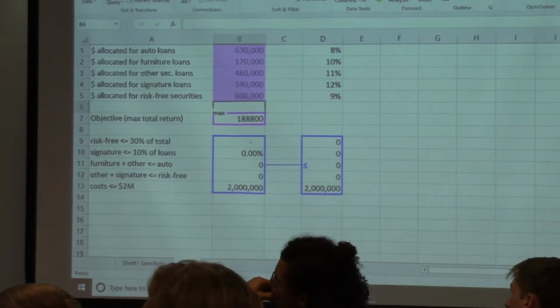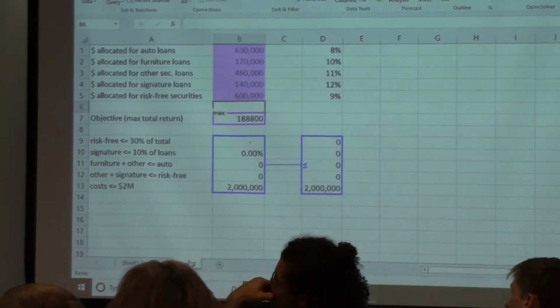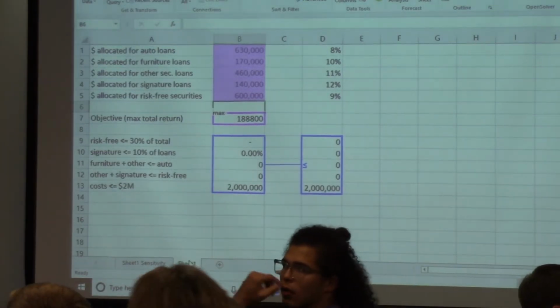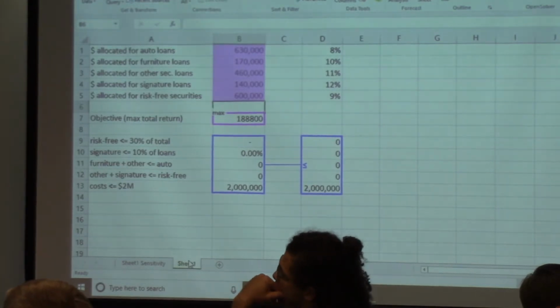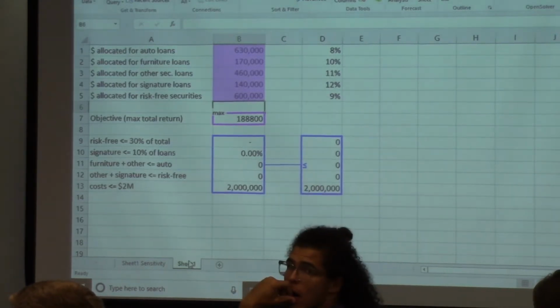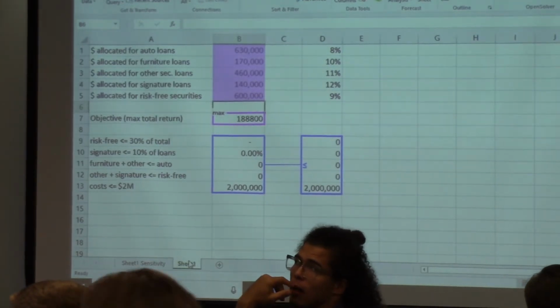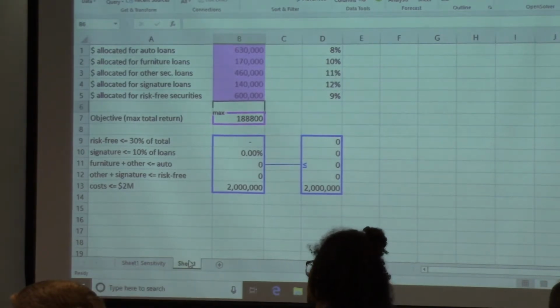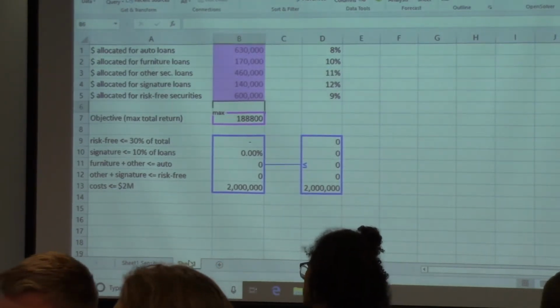So it would still be a dollar amount, but not in terms of a percentage. If you increase this by 1, you'd be the difference between that 70% of the risk-free and 30%. So if we said you could spend $1 more than 30%, it's still in dollars, so it'd be $1 more than 70%, rather than 1% more.